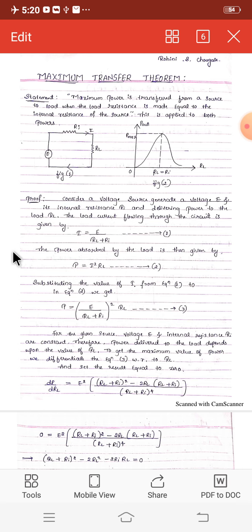These theorems all come in DC circuit analysis. And from the next class onwards I want to start the transient circuit.